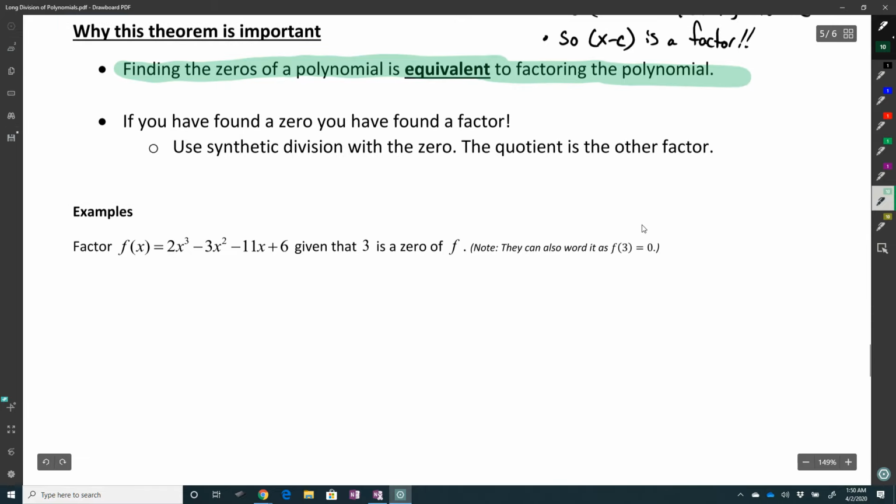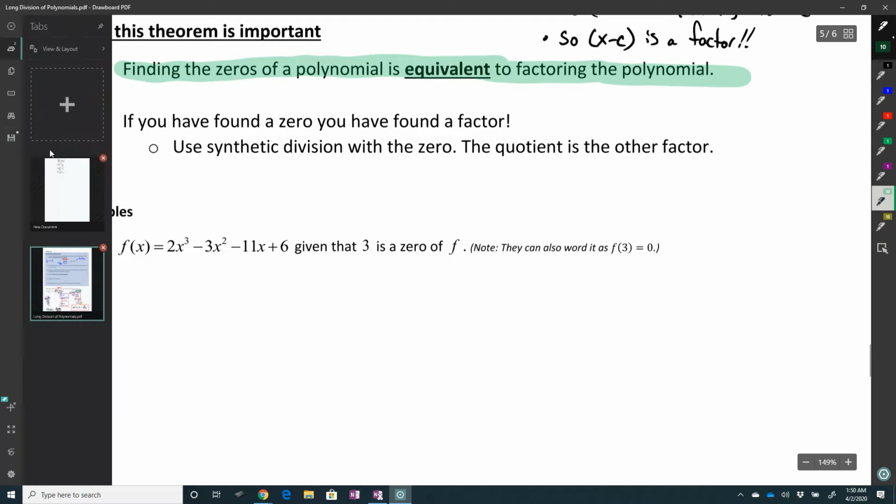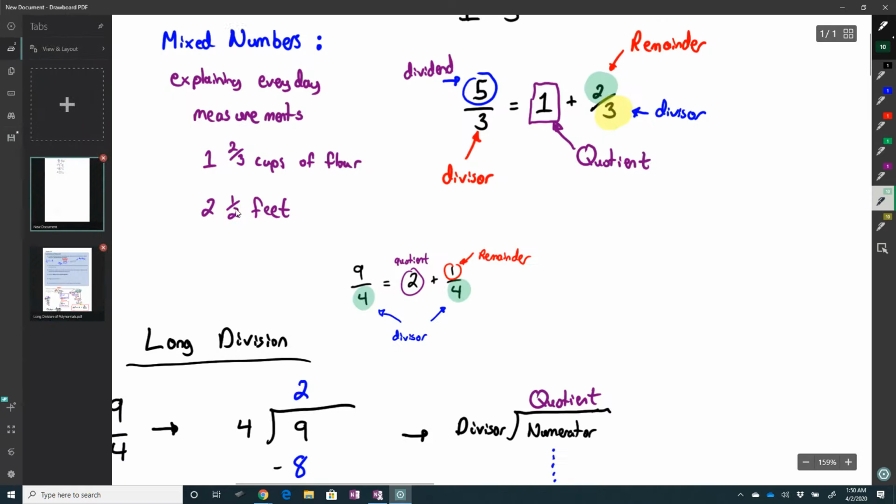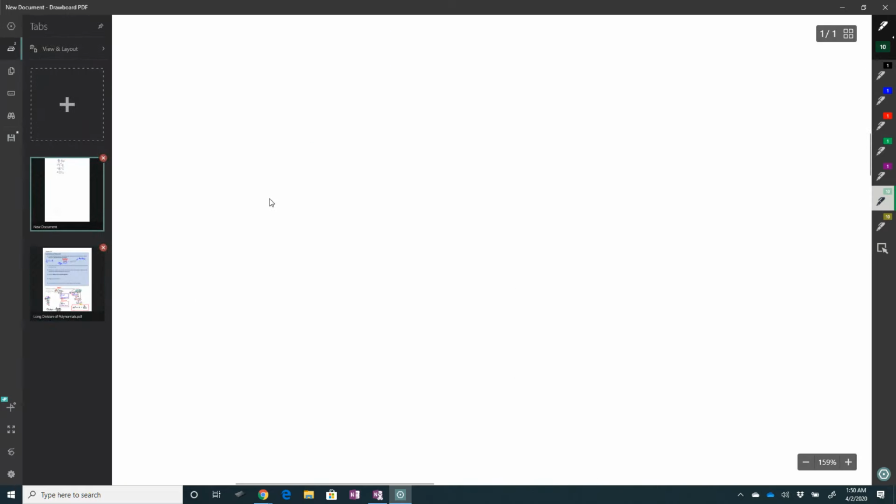So what we mean. Actually, let me go over here to do another idea for this. I'm going to do an easy one. Let's say we had x squared minus 2x minus 35.